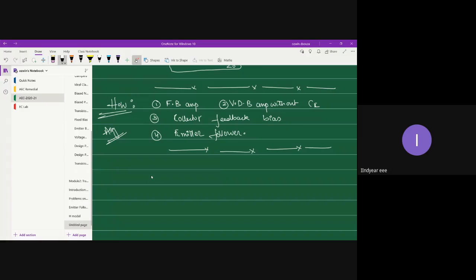Now there are other aspects of H parameter model that I will take up after your internals. So now what I will do, I will consider a very special emitter follower circuit, which is called Darlington emitter follower.